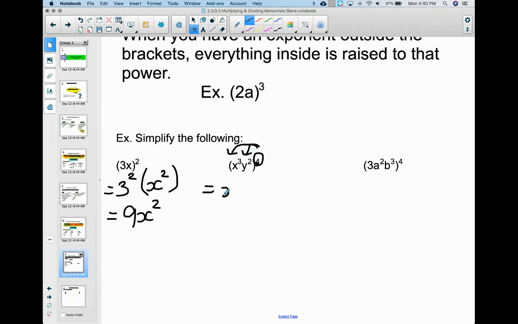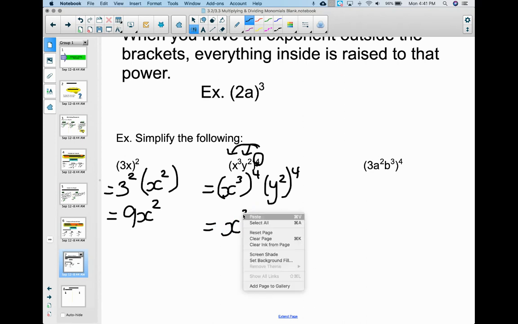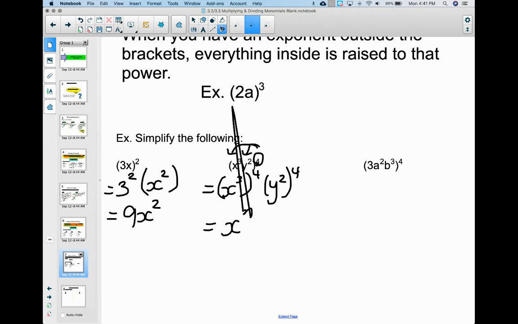So we have x cubed to the power of 4 times y squared to the power of 4. And we know through our principle of power that we can multiply.